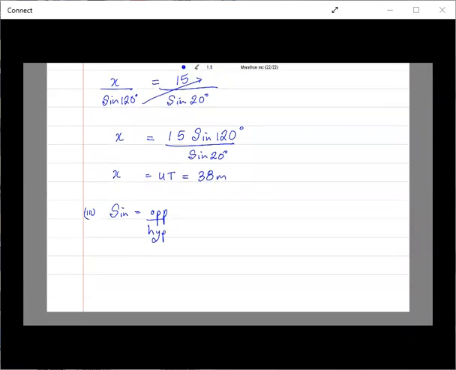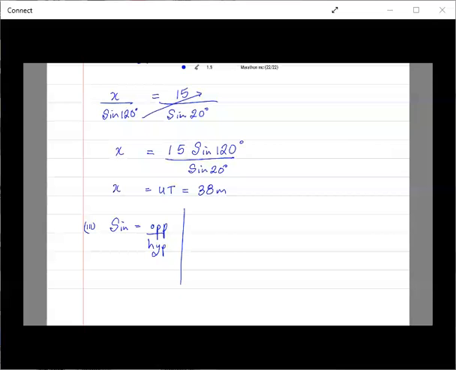Then the sine of 40 degrees is equal to opposite y over hypotenuse 38. If I have one fraction equal to one fraction, I will cross multiply. So 1 times y is equal to 38 sine 40 degrees.